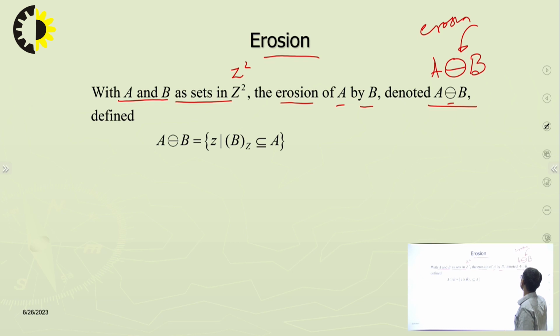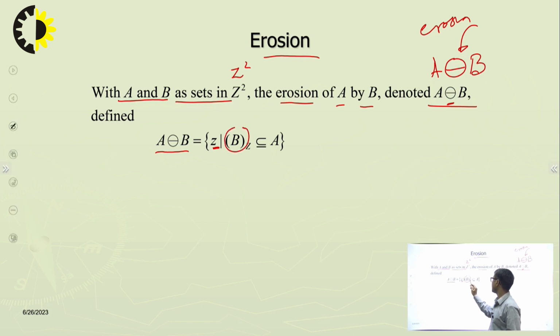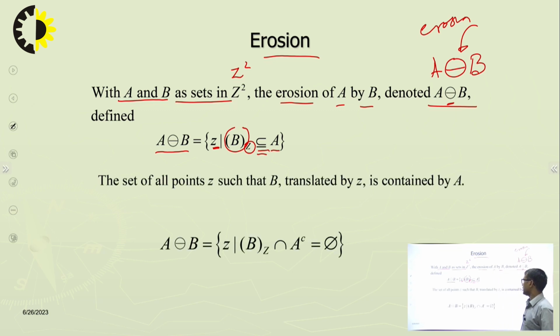This is a very important symbol that is to be learned, and it is defined that A erosion B is equal to the set of all points Z such that when the structuring element B is translated by Z, B translated by Z is a subset of A. Now, this can also be represented by another mathematical formulation, which is very important.